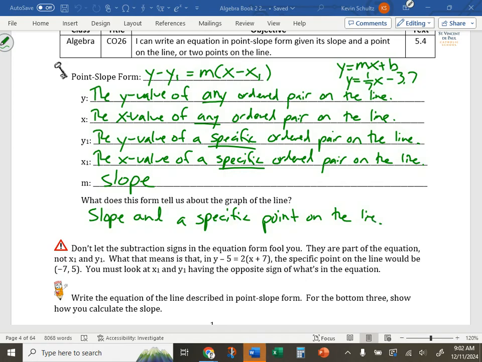It tells us the slope and a specific point on the line. And again, why do we have this? Why deviate from slope-intercept form when it's so handy? It's because when your b value, that first point that you plot, is a decimal or a fraction or just kind of nasty, it's tough to use slope with that to graph the line. This is an alternative, easier way.